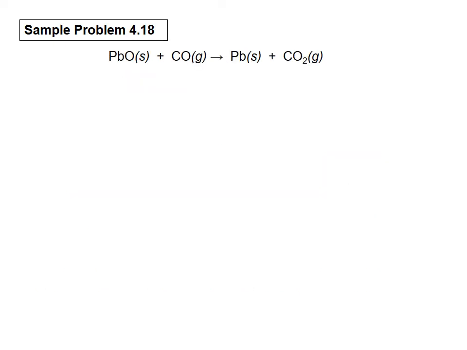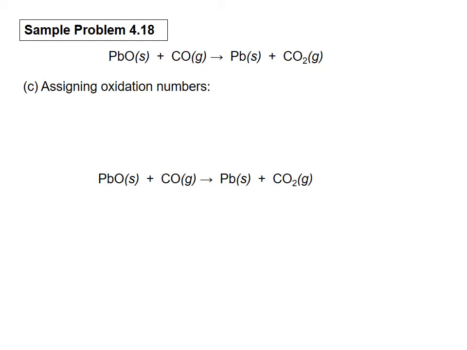So here is question C. First, we assign oxidation numbers. Oxygens are -2, -2, -2. And for the formula to be 0, lead must be +2. Same thing is carbon, +2. And this lead is in elemental form, so it's 0.